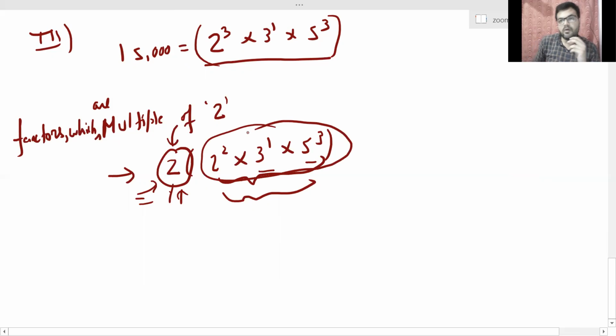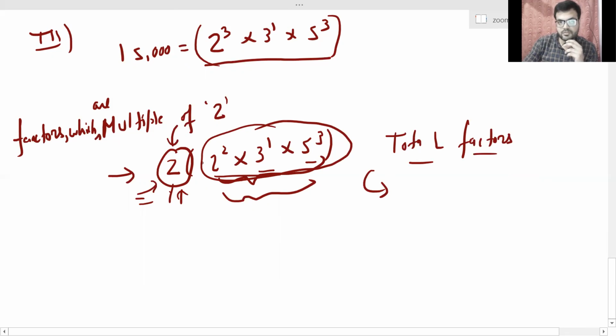Fine. Now according to this format, just find out the total factors. In the last video we had seen how to find the total number of factors. So in this format, the power of 2 is 2. So in the first bracket, take 2 and then add 1. Then the second prime number is 3.